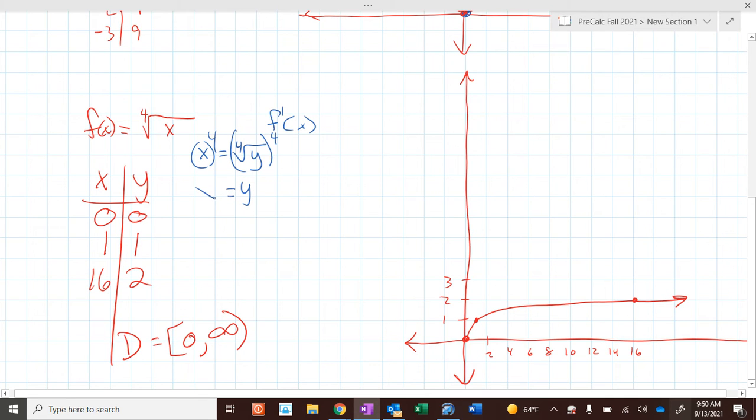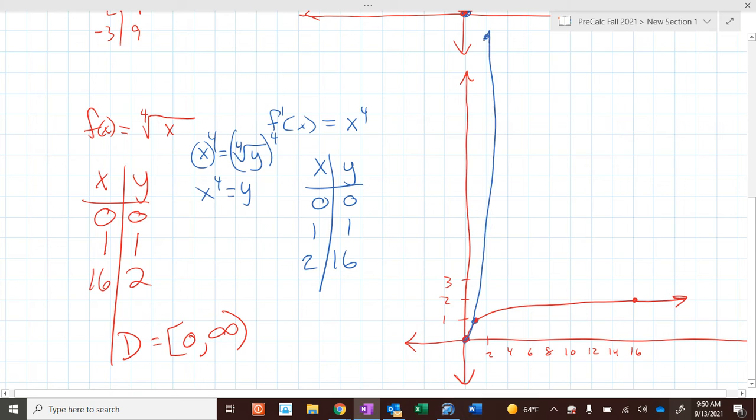So y would equal x to the fourth. So x to the fourth is the inverse. So if you make an xy chart, 0, 0, 1, 1, 2, 16. So it goes like this. Okay? That's the inverse of it.